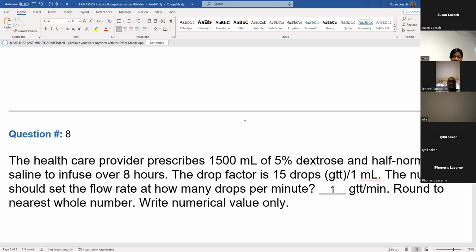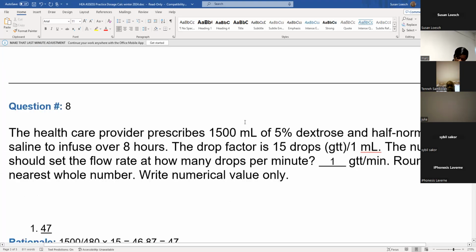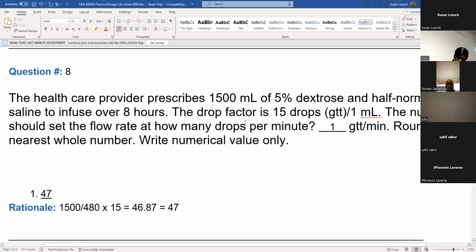You use the same formula. 47. Okay, everybody was able to get there? Yes. 47.